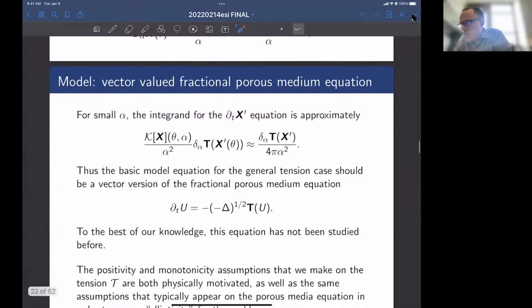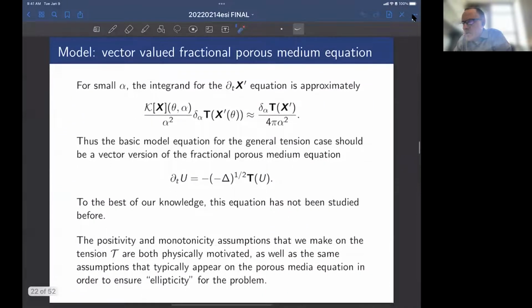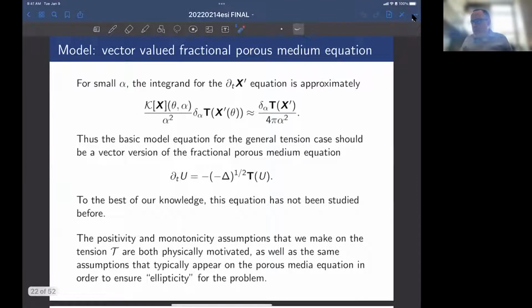And so our model for this problem is a vector valued fractional porous medium equation, which hasn't really been studied before as far as we know. Excuse me, I'll have some water. So for small alpha, the integrand for dt x prime is approximately like delta alpha of t of x prime over 4 pi alpha squared. And when you integrate over alpha, this is the fractional Laplacian, the 1/2 Laplacian, the lambda operator.